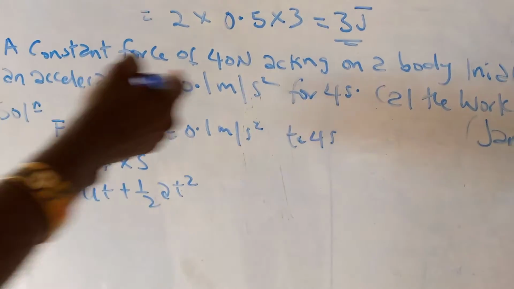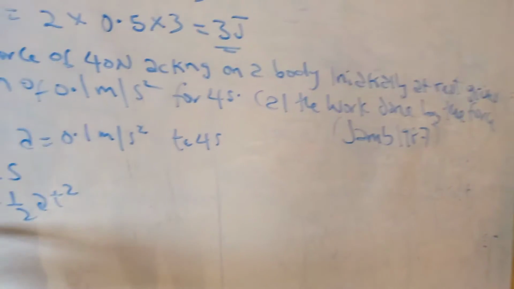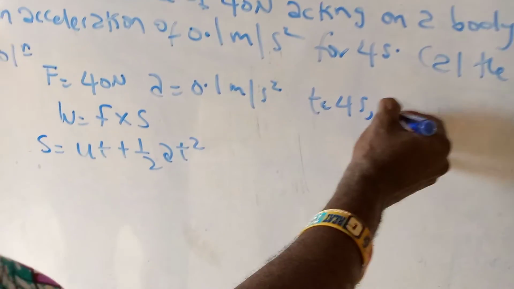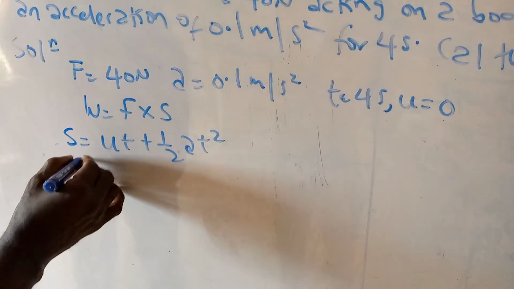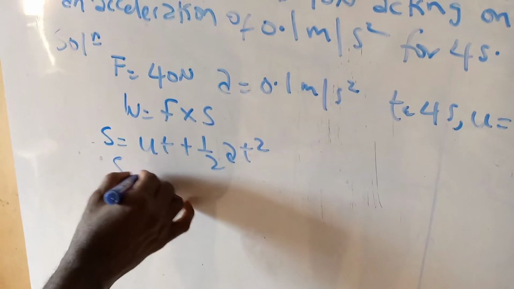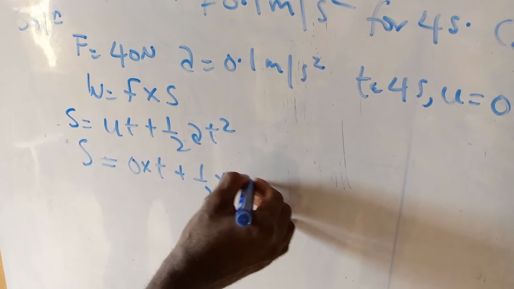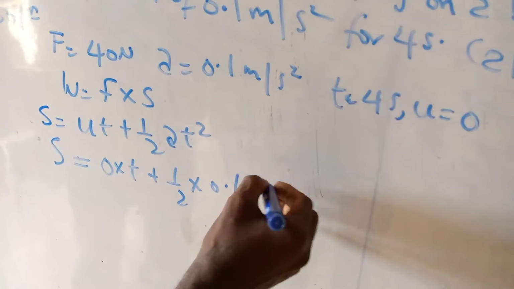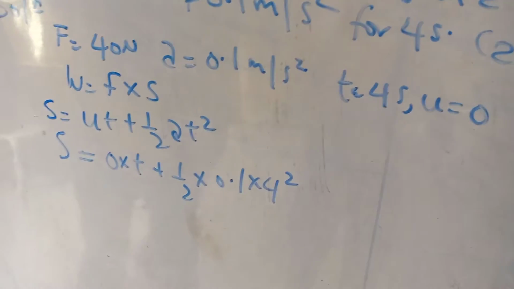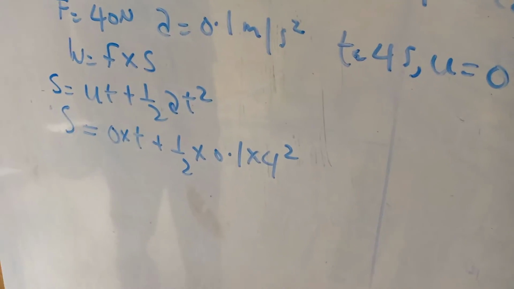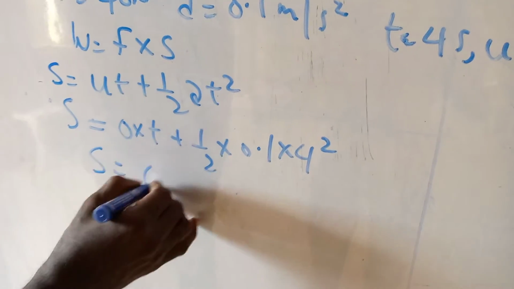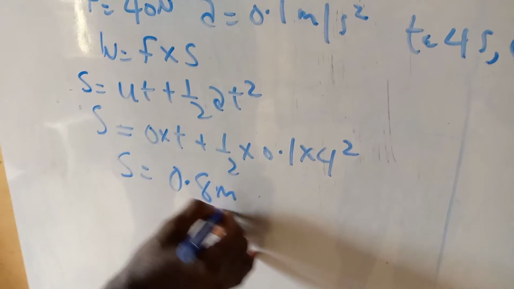Since it is at rest, initial velocity is 0. So distance will be 0 times t plus half times 0.1 times 4 squared. If you do that, it gives you distance to be 0.8 meters.